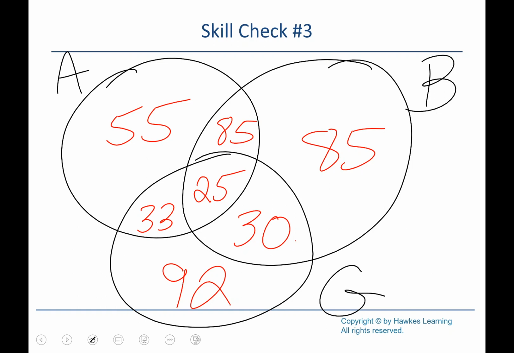And then did it tell us the total shoppers? No, it didn't tell us the total number of shoppers, so we don't have to do that last thing. But again, sometimes you will have one that says like we had a survey of 500 shoppers. So then you just have to take the total everybody number and subtract all the little pieces you have in here. Okay?